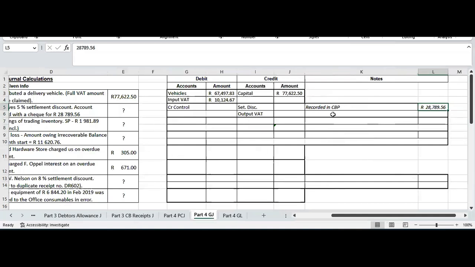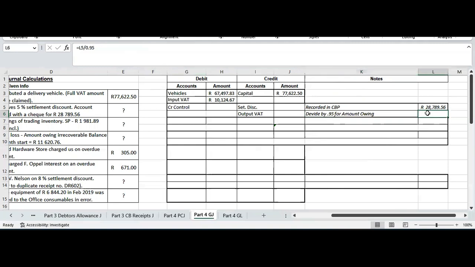But now we know that we got a discount, and it is a 5% discount. So if we want to know what the amount is that was originally outstanding, we have to divide the amount that was recorded in our cash book payment by 0.95. We're actually dividing it by 100% minus 5%, but you can just say divide it by 0.95.